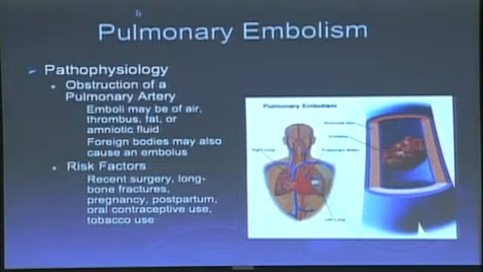Things that are risk factors for pulmonary emboli are the risk factors for hypercoagulability, which is recent surgery. Why recent surgery? Because when you're healing from your surgery, you have a lot of intrinsic factors that are trying to make you heal, one of which causes blood to clot quicker.